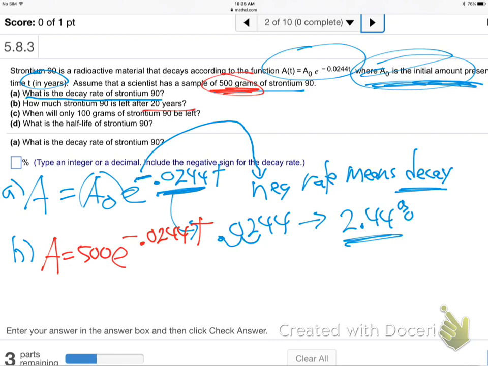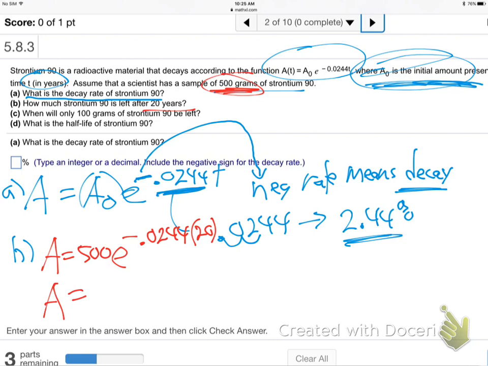This is money that's going to shrink in the bank account. It's going to decay. Is that good so far? Now, after 20 years, I just make T 20. Just make T 20 like that. Is that good there? And then we just hit the buttons on our calculator.